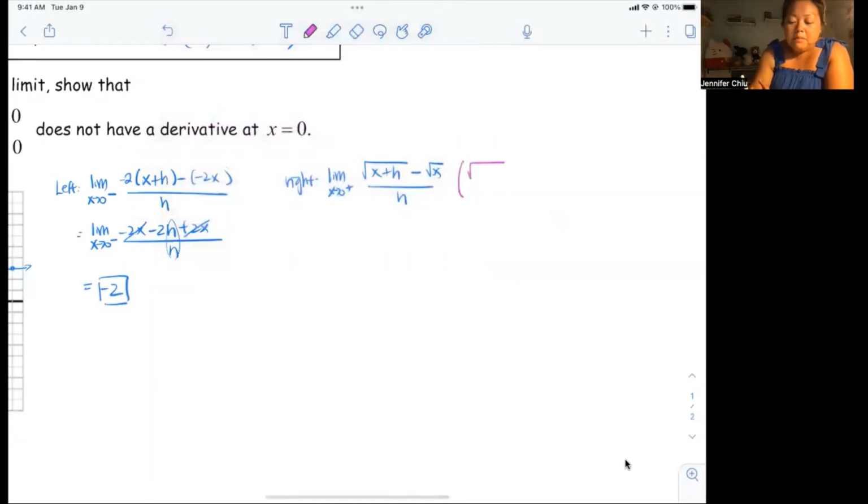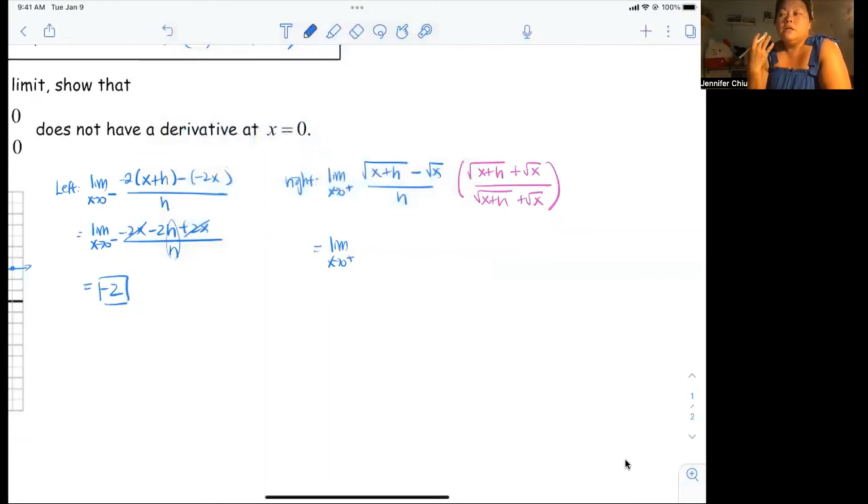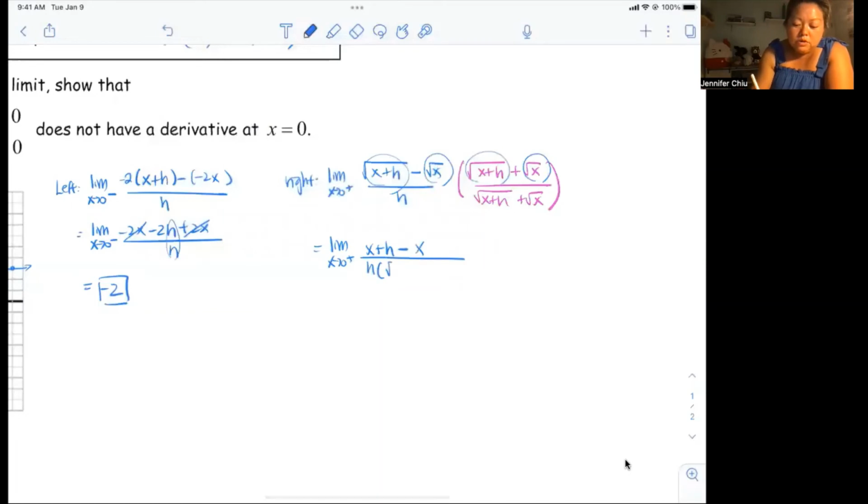You multiply by the opposite of your square root, so square root of x plus h plus square root of x. The function of a conjugate is that you get a squared minus b squared. So you get the first term squared, which gets rid of the square root, so x plus h, minus the second term squared, which gets rid of the square root, so just x, all over h times square root of x plus h plus root x.